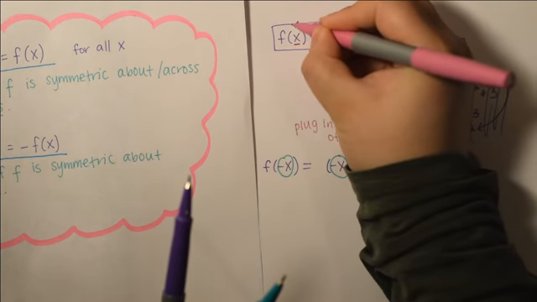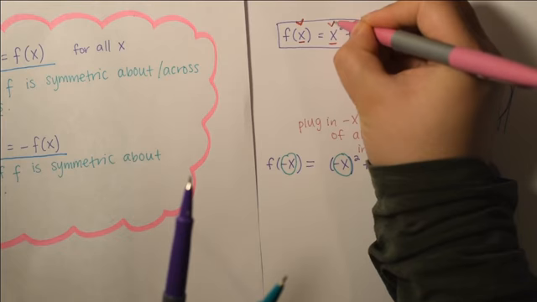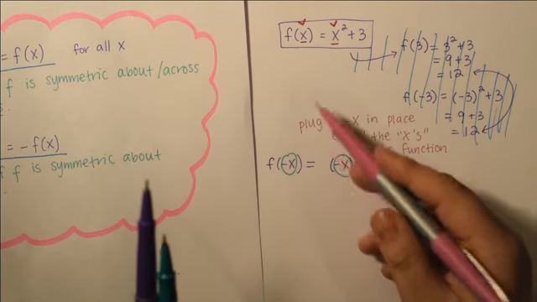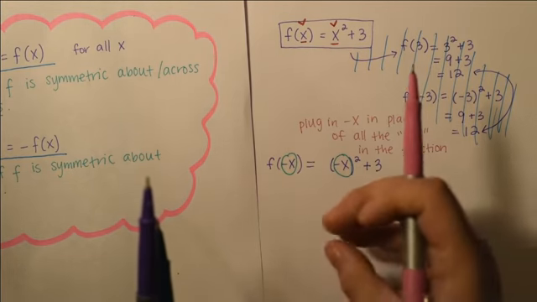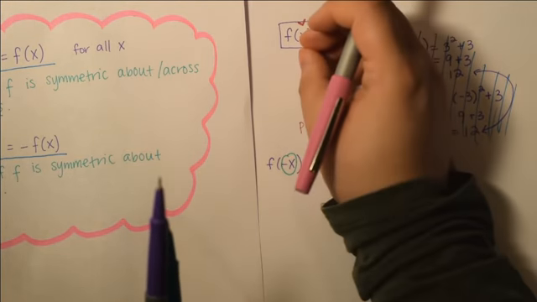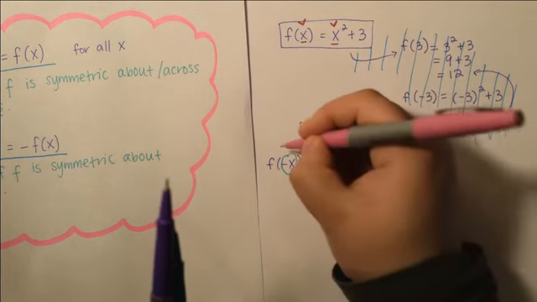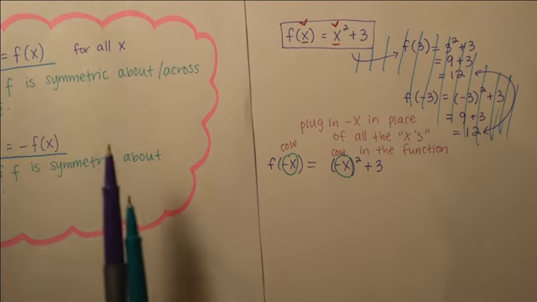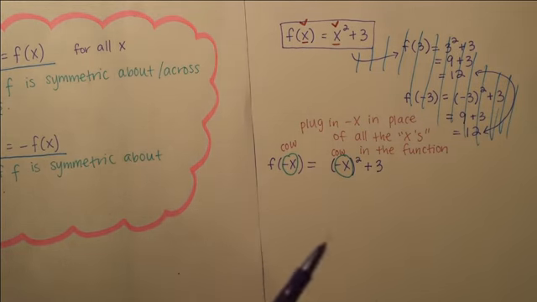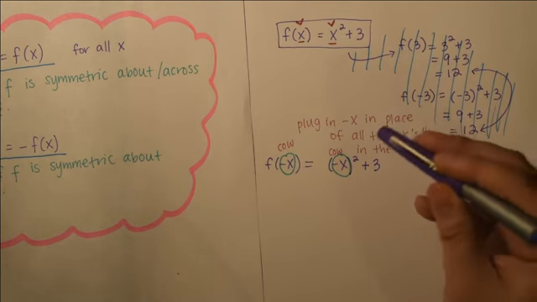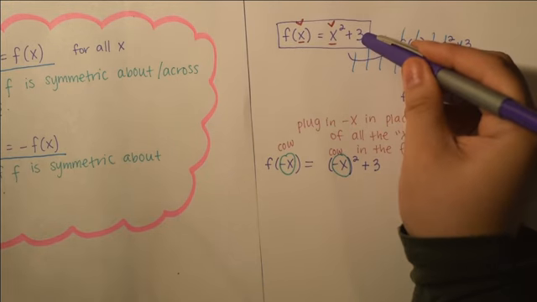So f of heart equals heart squared plus 3. Okay, so this x and this x aren't really the same x. It just so happens that my negative x is my input. Okay, so you might as well say f of cow equals cow squared plus 3. But cow just happens to be negative x. Okay, so literally plug in negative x in place of all the x's in my function.